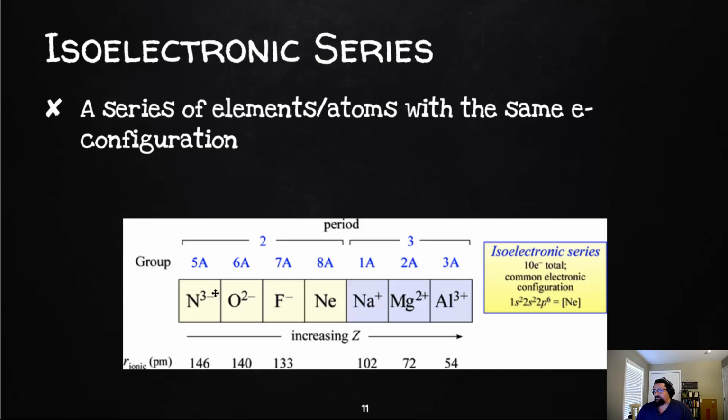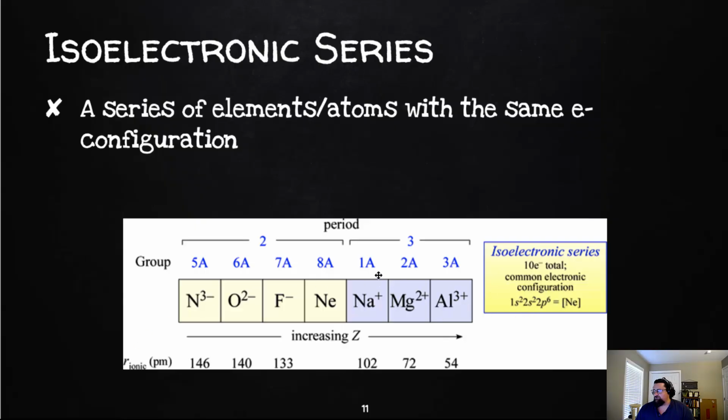You have the three nonmetals before it gain electrons, like fluorine and oxygen and nitrogen. They gain them to become negatively charged, and they end up with the same electron configuration, that 1s2, 2s2, 2p6 that we just saw. And so do the metals right above neon, sodium, magnesium, aluminum. They lose those electrons to also have that.